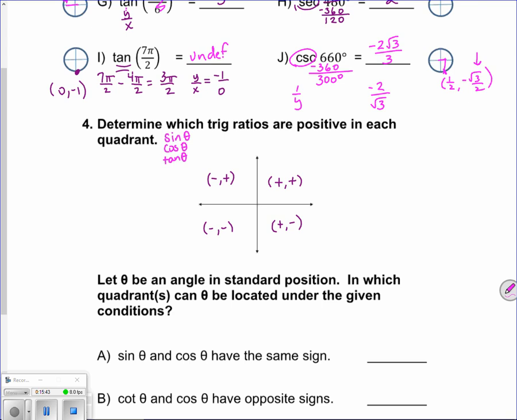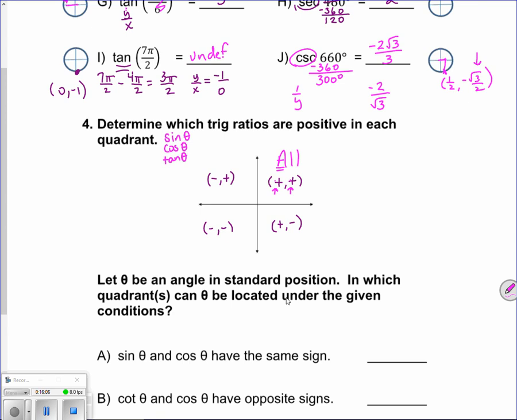So now the only part that you have to get is that this is cosine, that's sine, and when I divide, I get tangent. So in quadrant 1, all are positive because positive x, positive y, and when I divide a positive by a positive, I get positive.